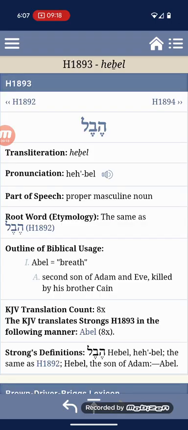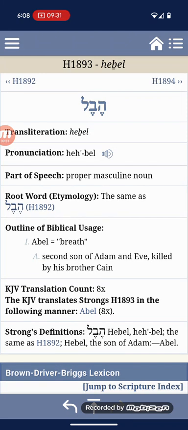And I'll give you a pronunciation of the word. Strong's H1893. Hevel. Hevel. All right, and under the biblical usage says Abel, breath. And it says under the Strong's definition, Abel, the son of Adam.